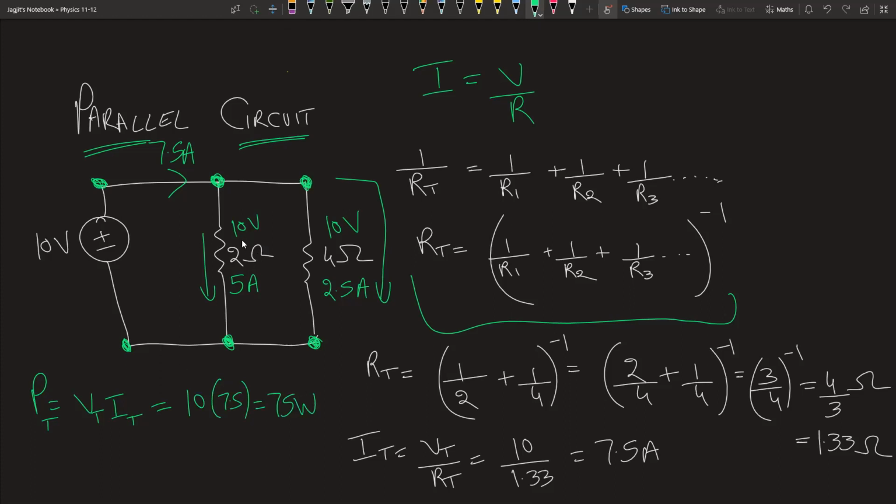And what would be the power drop at each of the resistors? Again, you can do VI for those. 10 times 5 gives you 50 watts. 50 watts of power loss happens in this 2 ohm resistor. And VI for this, 10 times 2.5 gives you 25 watts. So 25 watts of power loss occurs on the 4 ohm resistor. And 50 plus 25 is 75, which is the total power loss.